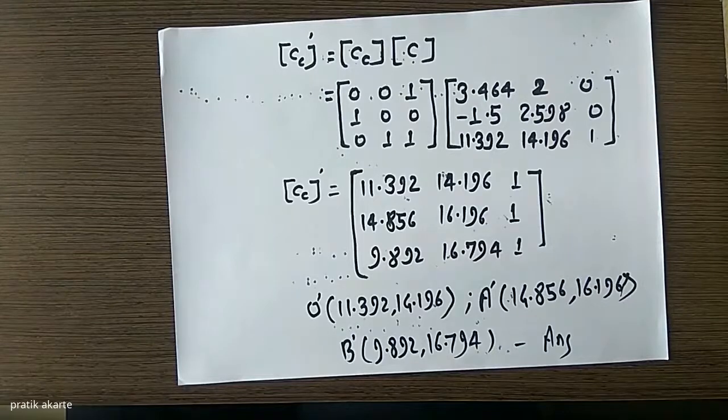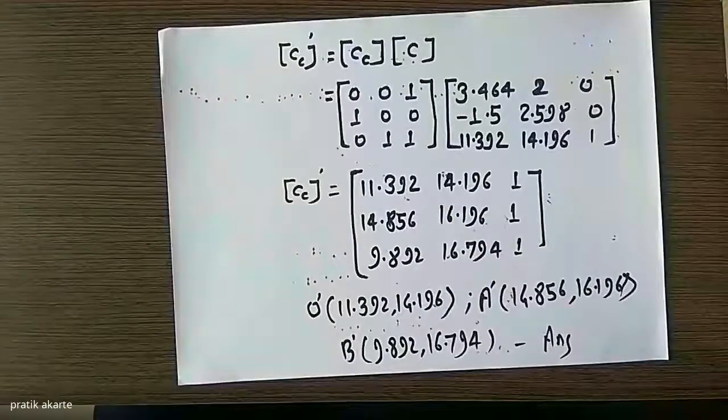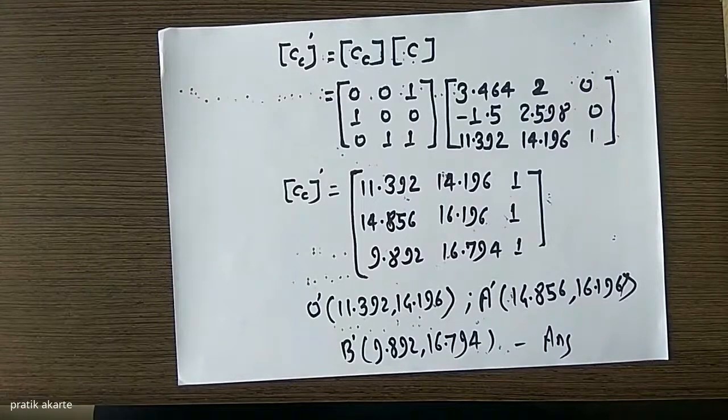So we have found out the composite or concatenated transformation matrix for this, and then we have considered one entity, that is a circle having unit radius, and we have found out what will be the effect of all these transformations on the circle, whose coordinates previously were 0, 0 for the origin, for A it is 1, 0, and for B it is 0, 1. So this is how you can solve a complicated problem like this.